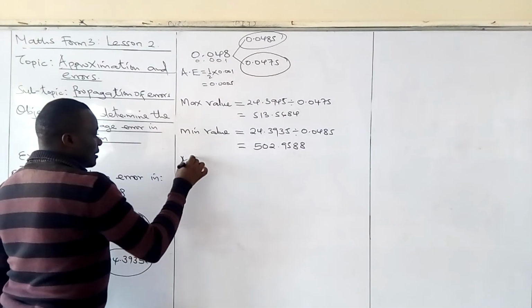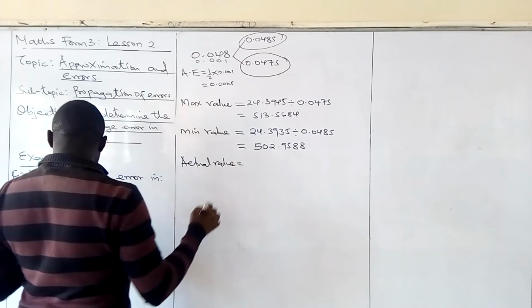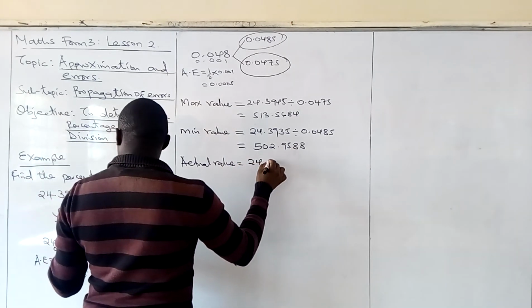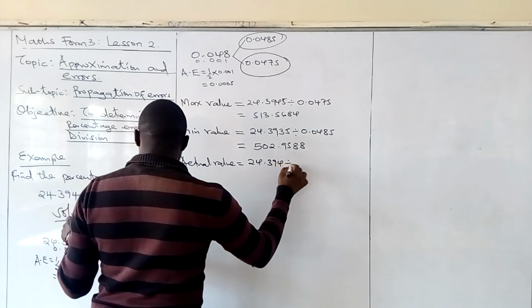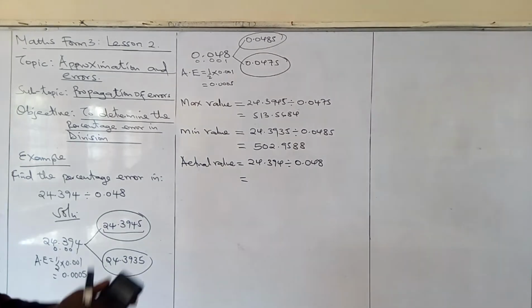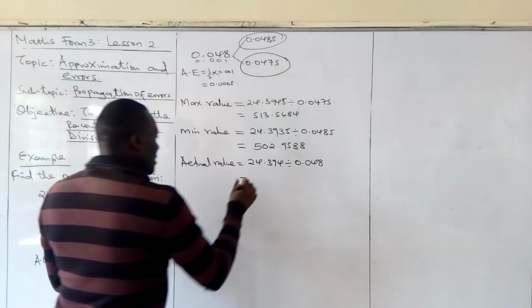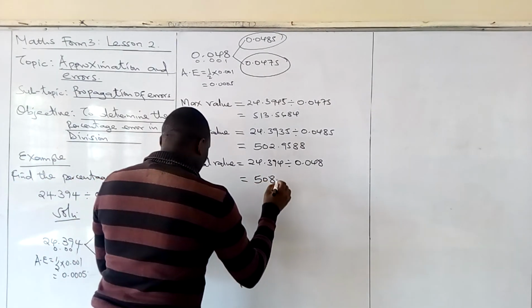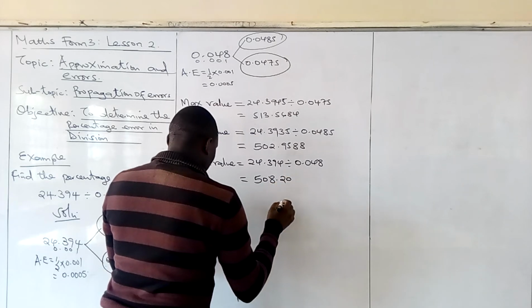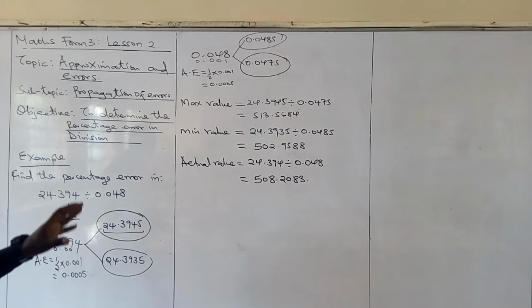Now let's find the actual value, which is 24.394 divided by 0.048. It is giving me 508.2083, if we give our answers to 4 decimal places.